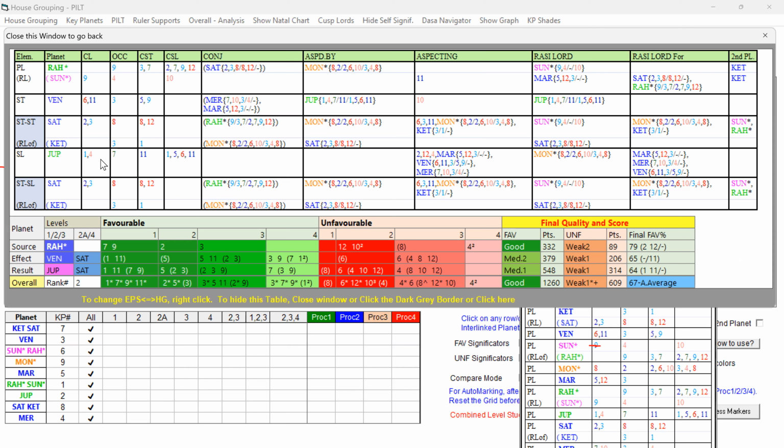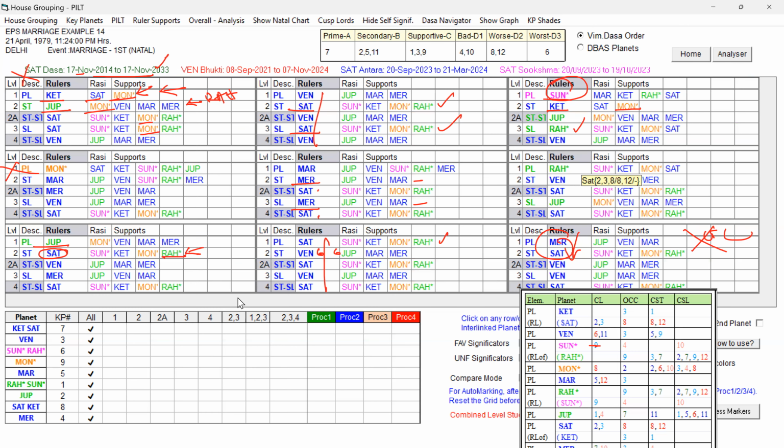The 7th sublord is in the star of the 6th lord, supported by 8 and 12, further supported by the 6th sublord and 8 and 12. So an unfavorable chain is present from the source. The primary favorable house is experiencing some weakness at each level, not detrimental, but indicating some weakness. So that way, Rahu is not very strong.